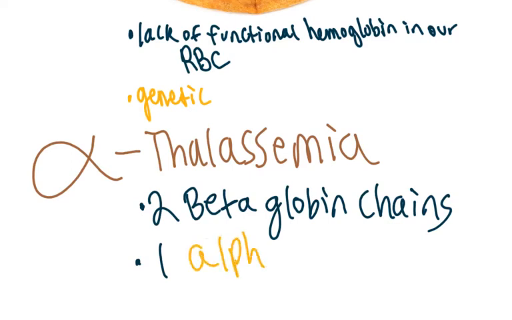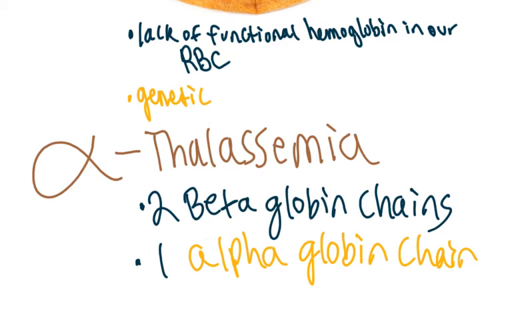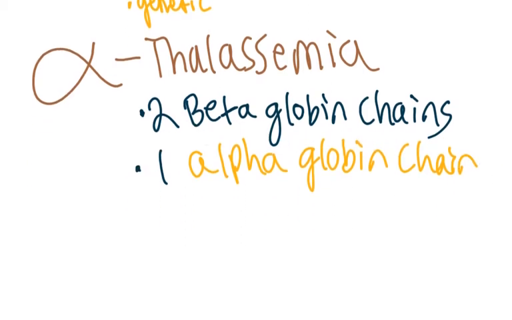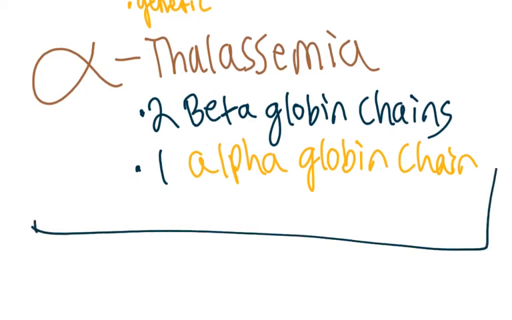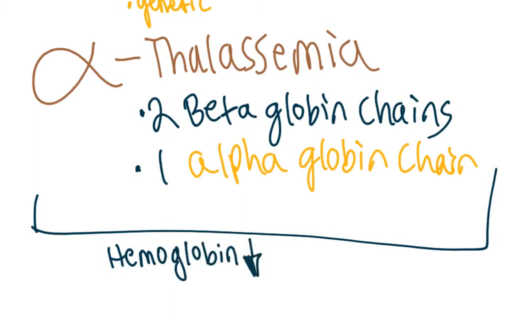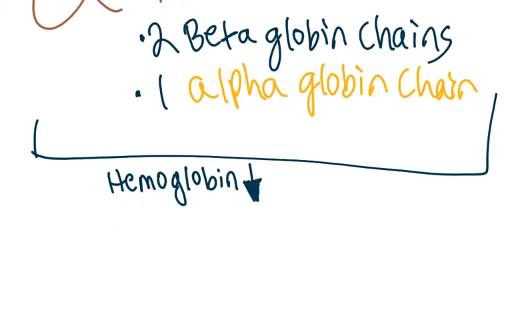All right, so that's why it's going to be called alpha thalassemia, because we end up missing a globin chain. So this means that the hemoglobin in that specific individual is going to be smaller than usual. The amount of hemoglobin, I should say, is going to be less than usual than a person without thalassemia.